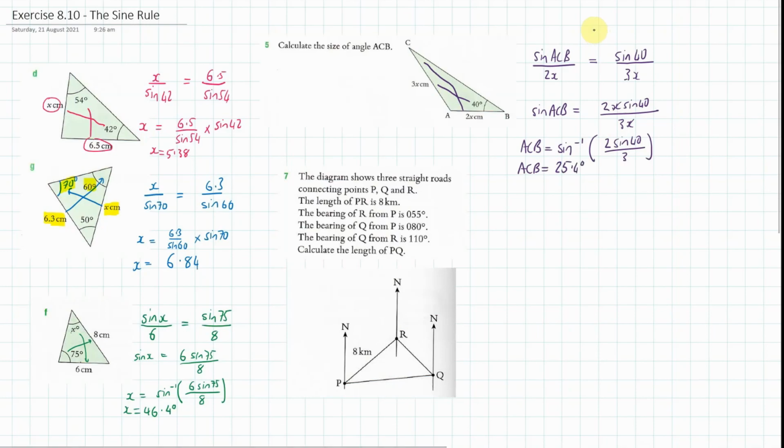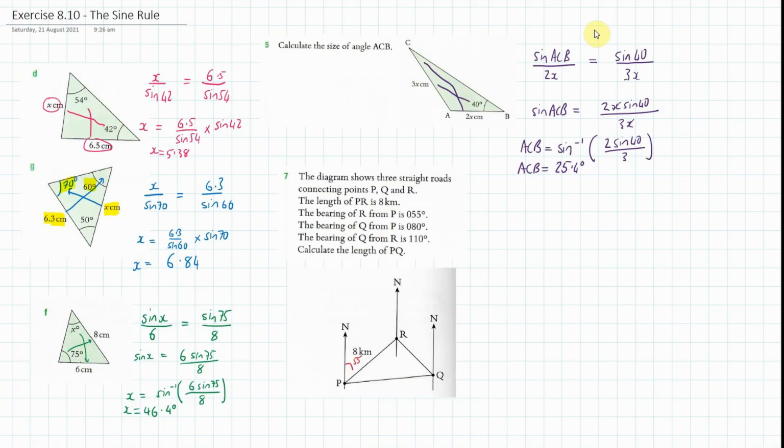Okay, let's look at this next one, a little bit more complex. This also is one of the ones that you have to do. We've got these straight roads connecting points P, Q, and R, and we know the length of PR is 8. We know that the bearing of R from P is 55, so this is 55 here. Okay, so I'm just going to add that to my diagram, 55.